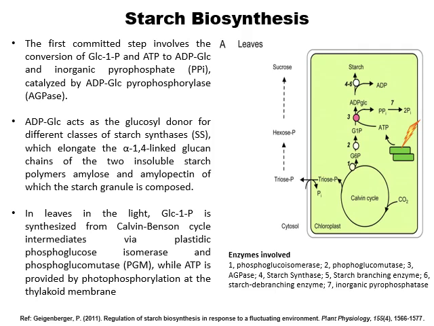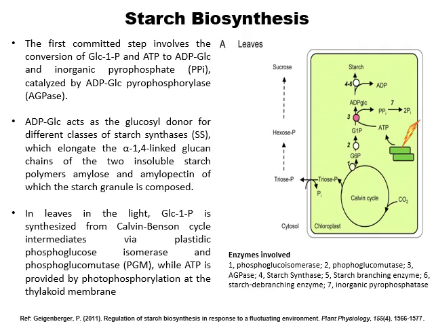The branched chain having the alpha-1,4 and the alpha-1,6 linkage was amylopectin. So this ADP glucose acts as the glucosyl donor. It will provide the glucose residues for elongation of that chain, either in the linear form or in the branched form, leading to formation of the starch granule.